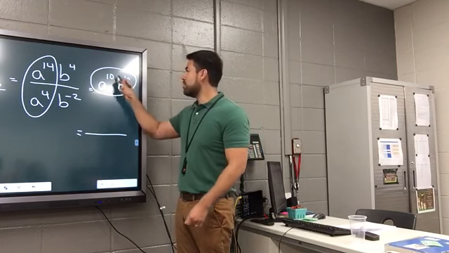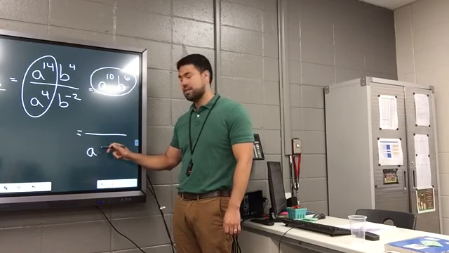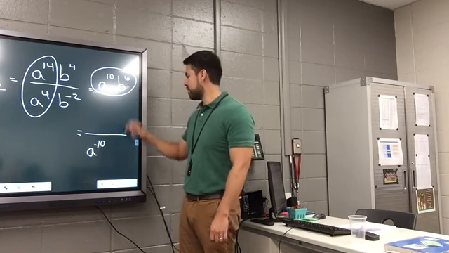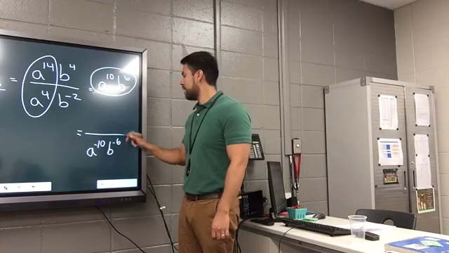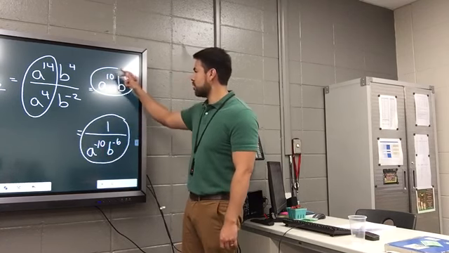Okay, I can move this into the denominator, but what does it become? A to the, and then you're going to do the same thing with that. And then what's up top? 1. These two expressions are equivalent.